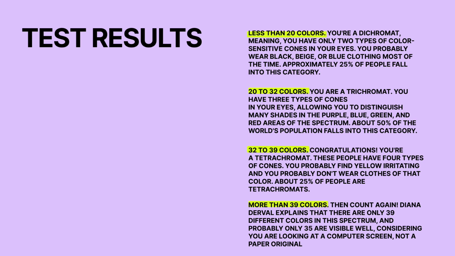There is also the possibility that you may have four types of receptors, so you can see more colors. When I took this test, I detected 38 shades and I am a tetrachromatist. Try taking this test too. I wonder how many shades you will see. You can also find other tests and research your color perception.